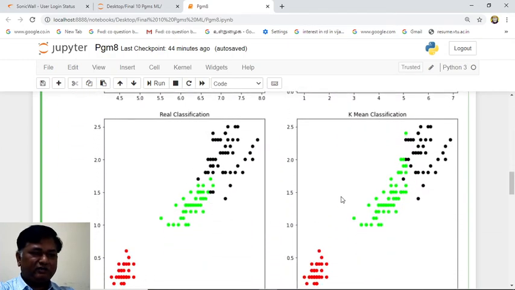This is real classification, this is k-means. You can see this difference. As per the real data, it belongs to this black color, but here it belongs to this cluster based on k-means distance calculation. So it takes mean value. Mostly for this cluster, this point is nearer to this mean value than the other two.